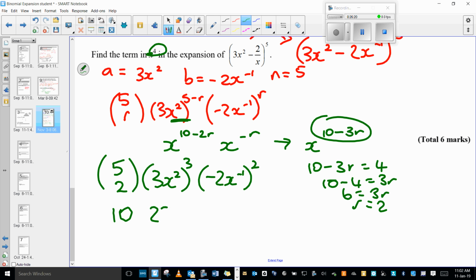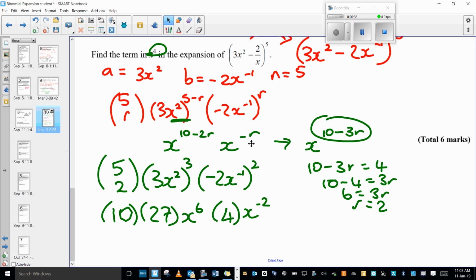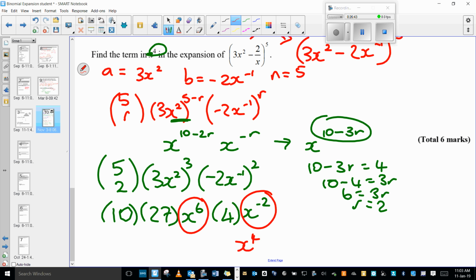As I said, you want to double check that with the x's. You've got negative 2 squared, so that's positive 4, and then x to the negative 2. When I join these together, that does give me x to the 4, which is what I needed, thankfully. Then you've got 10 multiplied by 27 multiplied by 4. So 270 multiplied by 4, or do 27 multiplied by 4, so that's 108. And so that's 108.